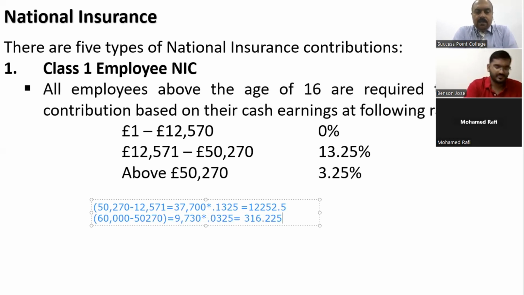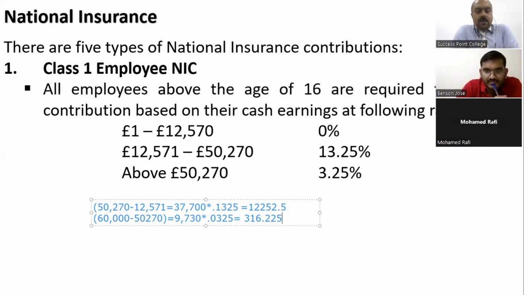My example is that an employee has a total income of 60,000. When we say total income, we are talking only about employment income, because this is Class 1 employee NIC. Not even all the employment income, only cash-earned employment income, which includes salary, bonus, or any cash payment.